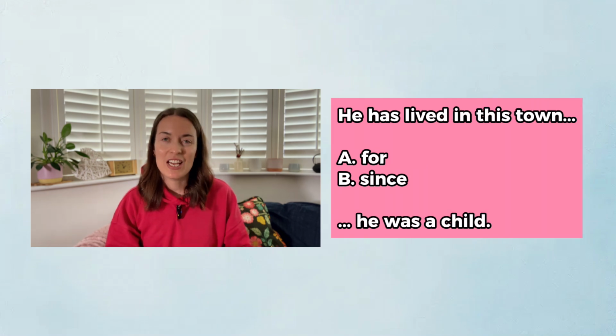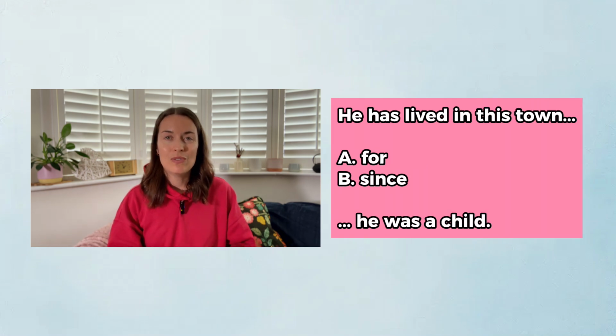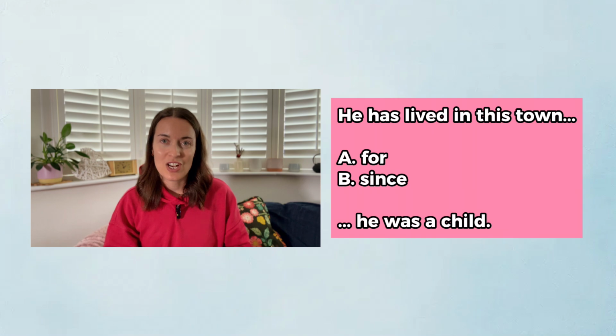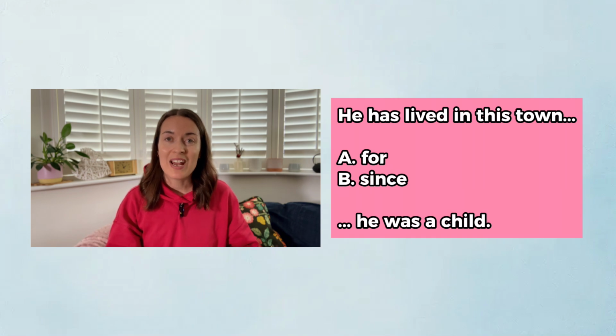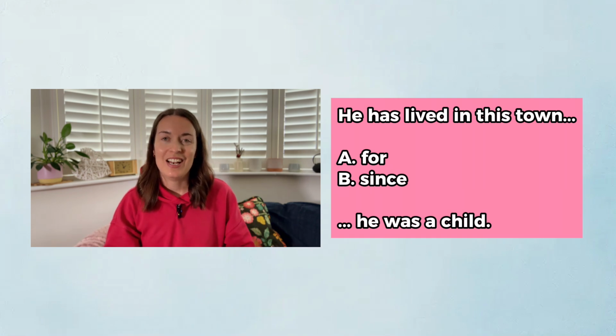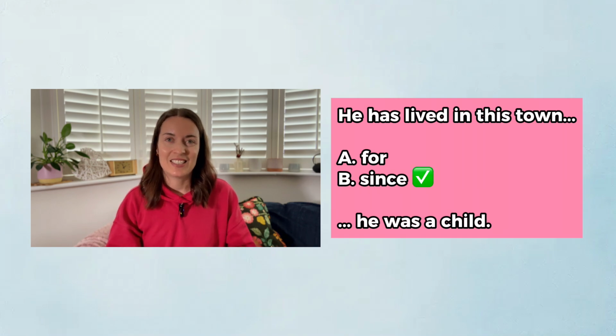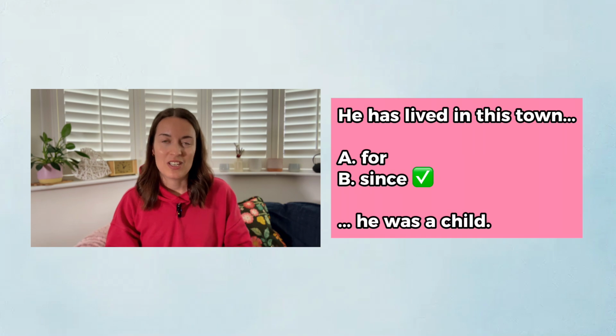He has lived in this town for or since he was a child. So this sentence is about when something started, when he started living in this town. So we need since he was a child.